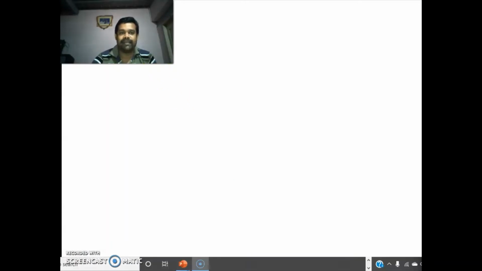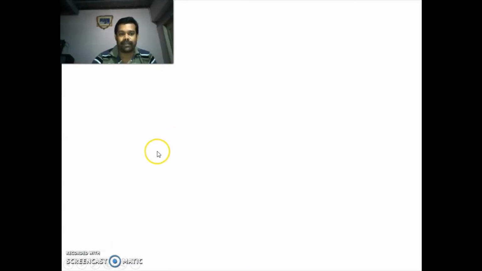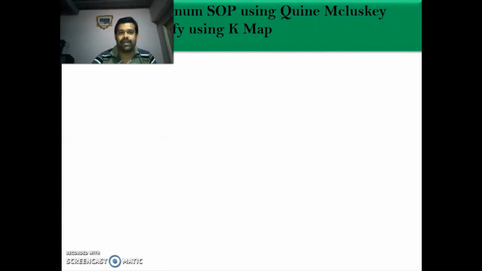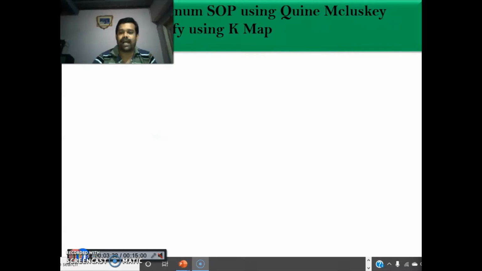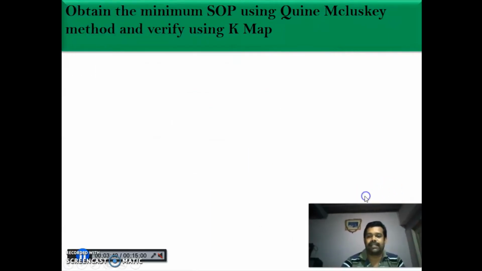Okay, directly we will go for a problem. The question is: obtain the minimum SOP using the Quine-McCluskey method and verify it using K-map. First you have to find the minimum SOP using Quine-McCluskey, and then verify it using K-map.